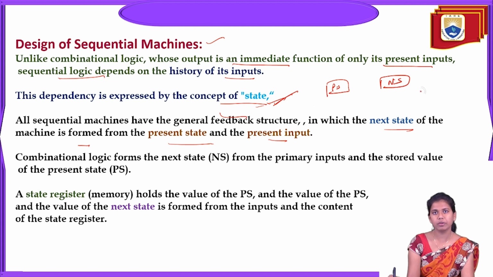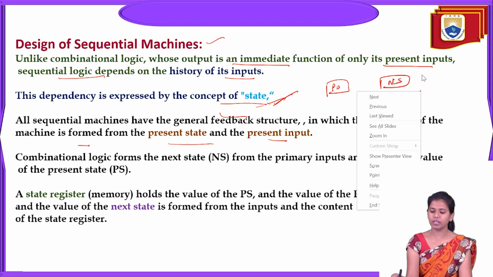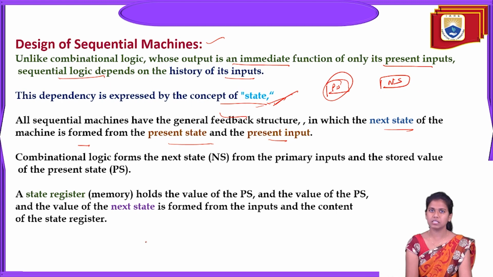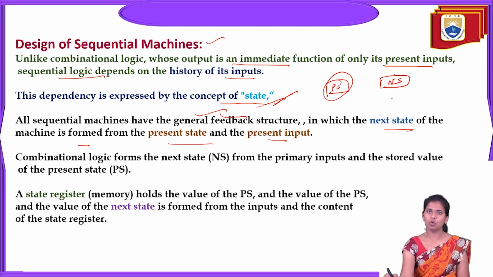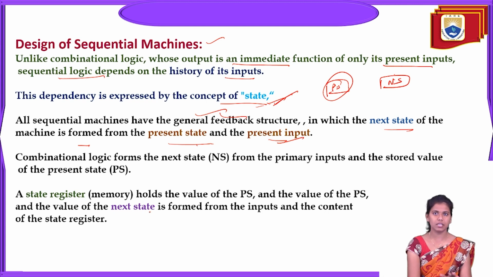The sequential machines have logic based on the feedback structure, and that feedback structure will have the next state as well as the present state. The next state is formed only with the help of the present state values and the present state input.